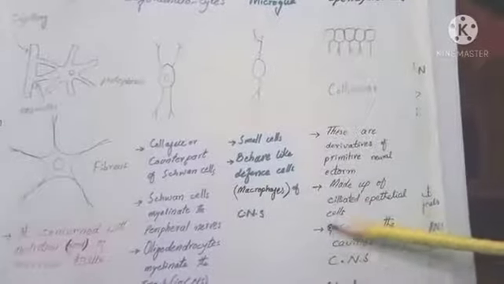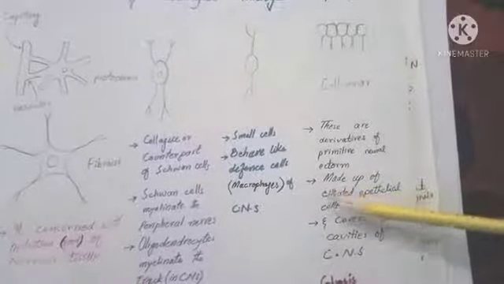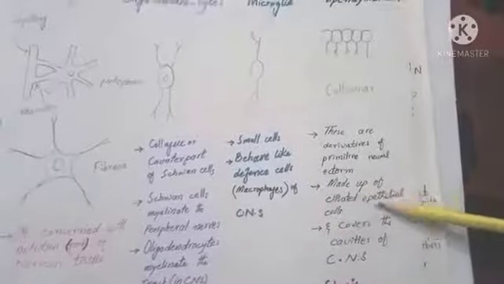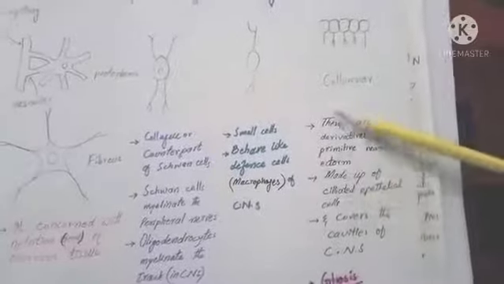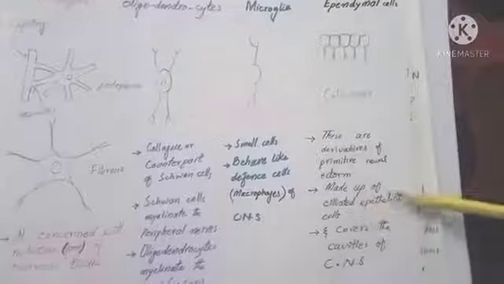Epithelial cells are a type of epithelial tissue cell. So the ependymal cells are made up of ciliated epithelial cells.